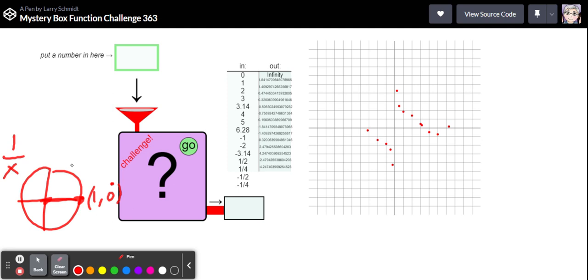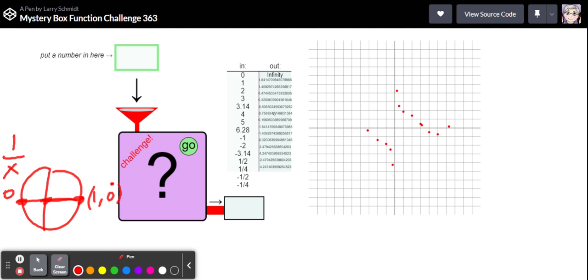Boy, what is going on here, though? The fact that it's undefined at 0 makes me think we do have some sort of thing, but this is not just 1 over the sine of x. So at pi, the sine will also be 0.